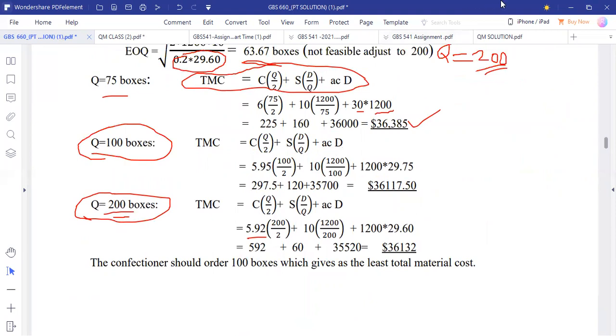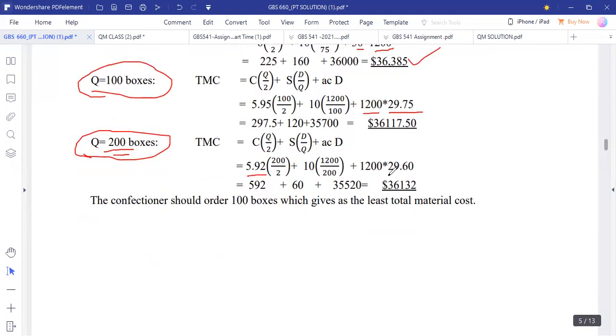The acquisition cost per unit here was 29.75 because of taking advantage of the discount. For the first one, there was no discount because when we were buying anything less than 100, there was no discount. Then the other one here, the acquisition cost was 29.60 multiplied by annual demand. So we're comparing the total material cost among these various ordering policies.